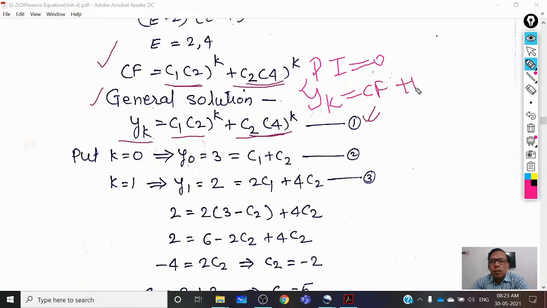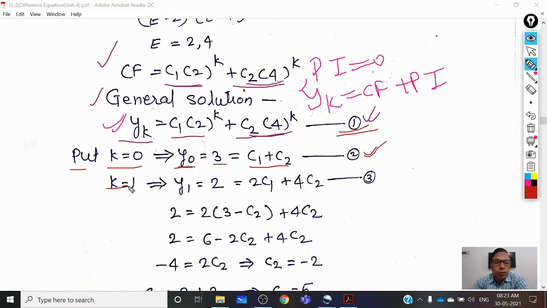So now we can write this general solution y_k = C1 2^k + C2 4^k, equation number 1. Put k = 0 in equation 1: we get y0 = 3, meaning C1 + C2 = 3, equation number 2.